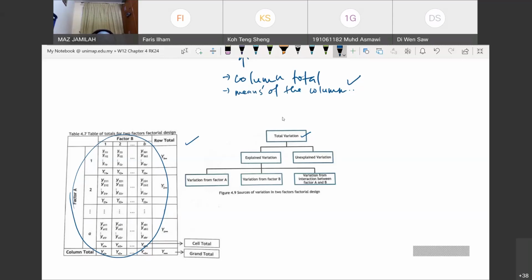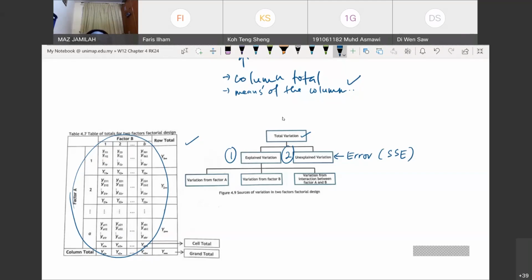This total variation is divided into two: the explained variation and the unexplained variation. The unexplained variation is what we call our error, SSE, sum of squares error. This is the one we don't know, and it automatically appears in your experiment.